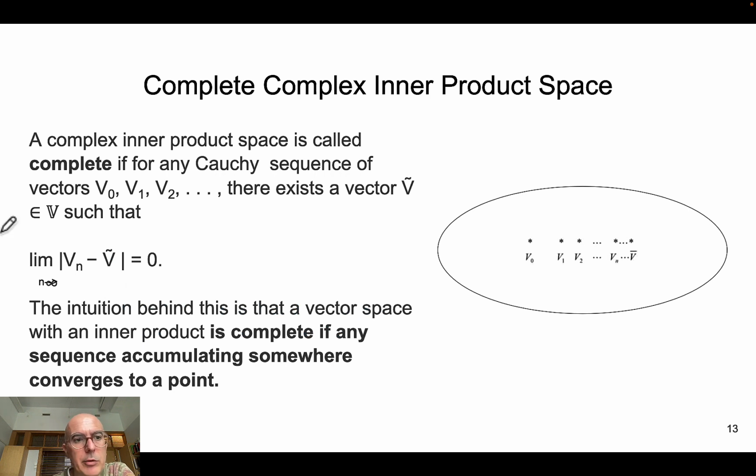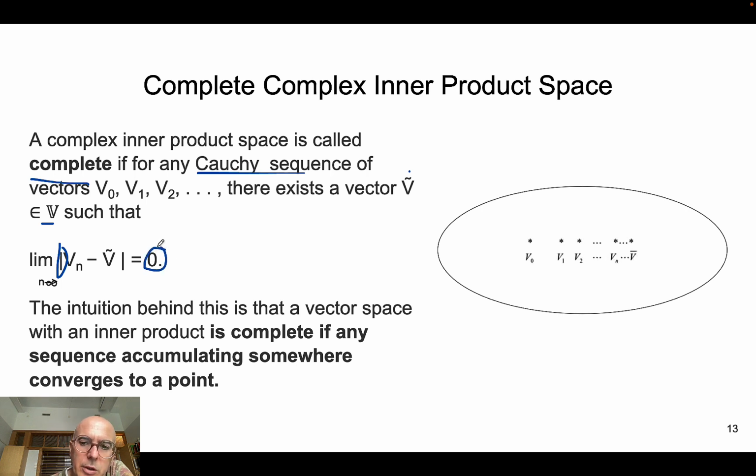We also talk about a complete Cauchy sequence when we have a Cauchy sequence of vectors v0, v1, v2, and there exists a vector v tilde belonging to the vector space V, such that the limit of the norm of Vn minus v tilde is equal to 0.